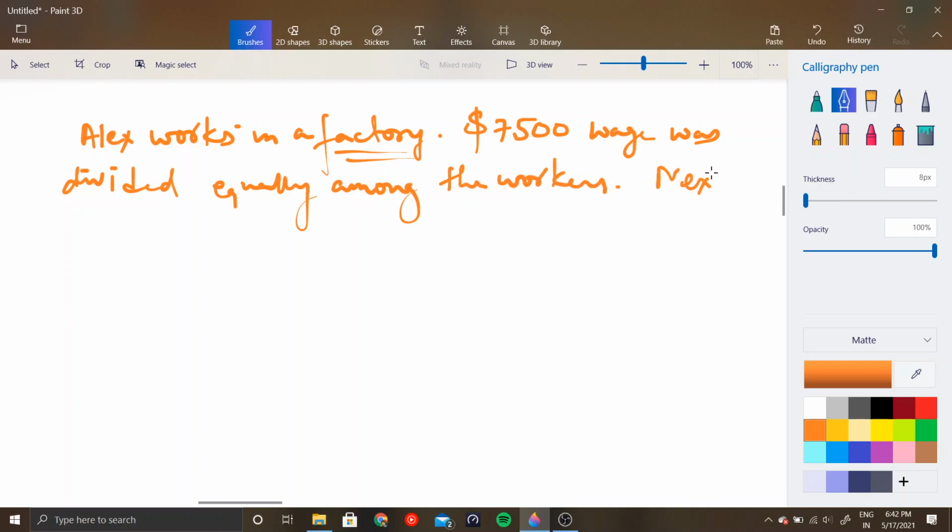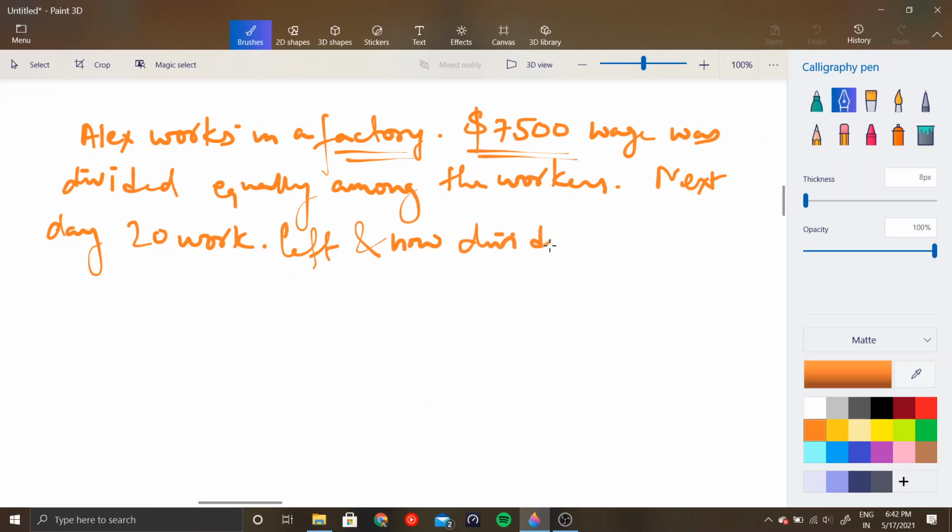The next day, 20 workers left, right? And now the same sum was divided among the workers, and each got $100 more, right?